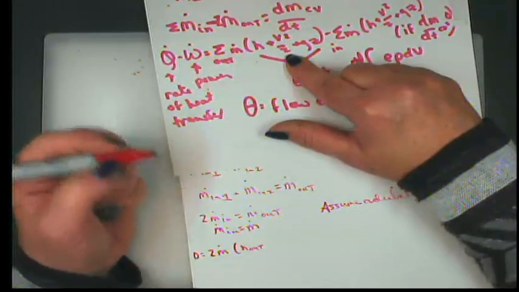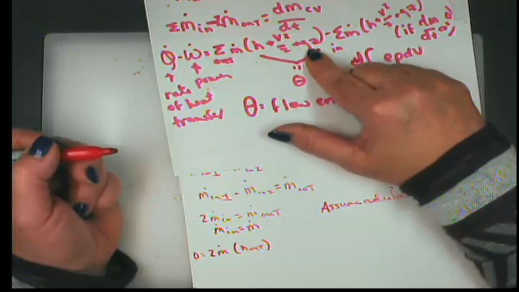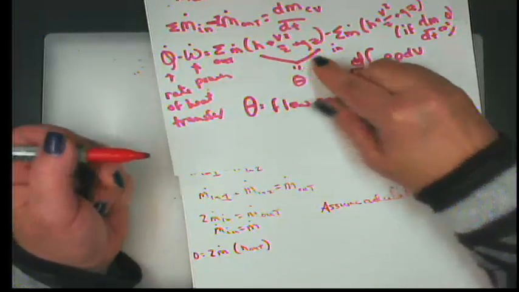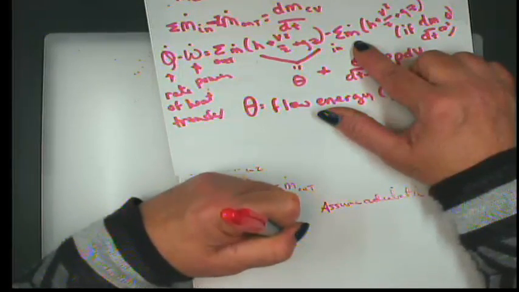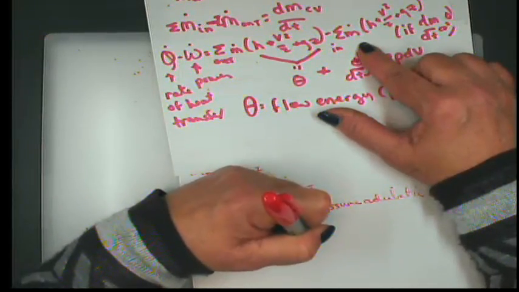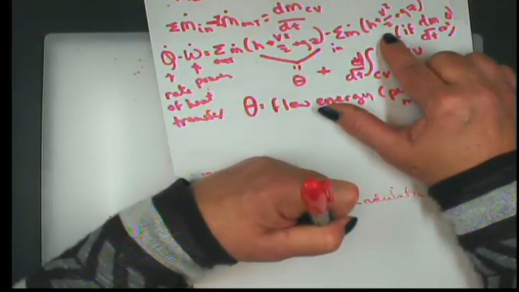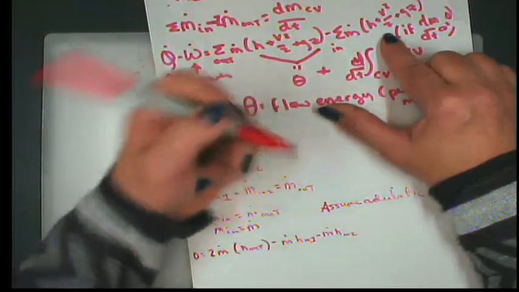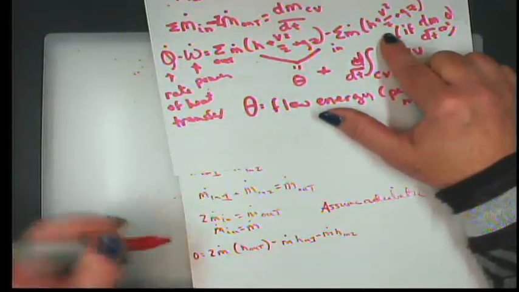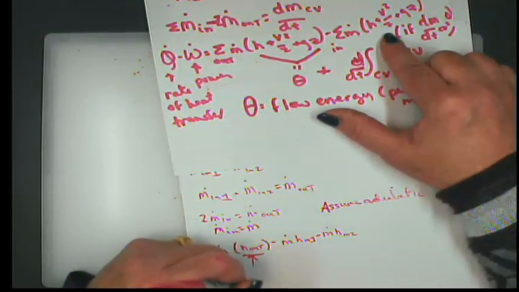And there's really nothing going on in terms of the velocity or the potential energy. But that's going to be minus m dot times h1 in, which we know, minus m dot times h2 in. And we can pick both of those up out of the tables because we're talking about steam. And we can solve for h out.